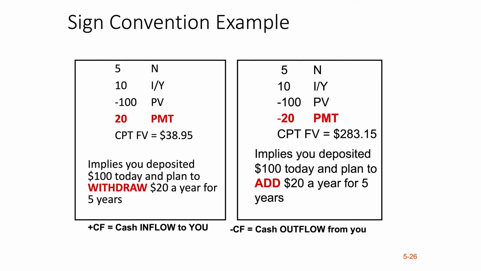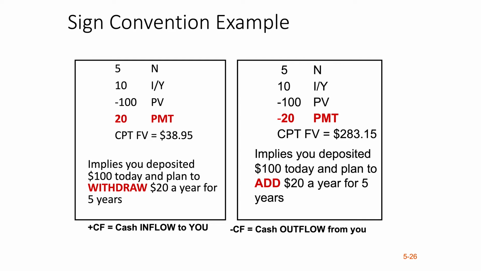You can also draw a timeline. Let's look at the first timeline. The annuity is 5 years, the interest rate is 10%, the present value is negative 100, and the payment is 20. Here you are solving for the fifth parameter, future value.